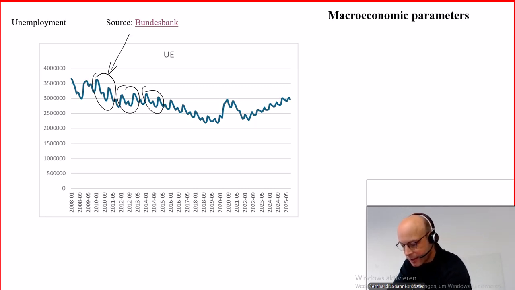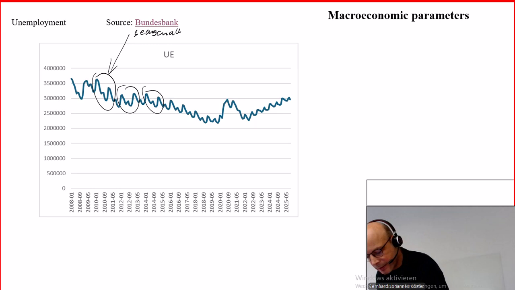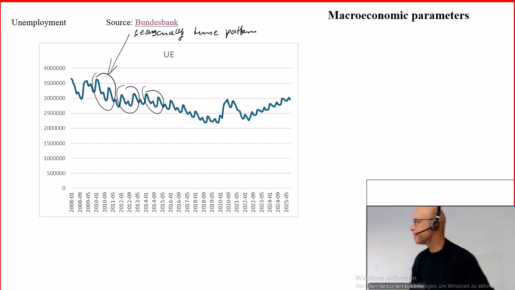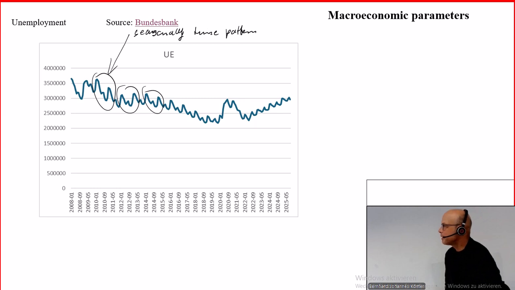So this is the seasonal time pattern that in general in Germany the number of unemployed people will rise during winter time, especially because of the construction sector.